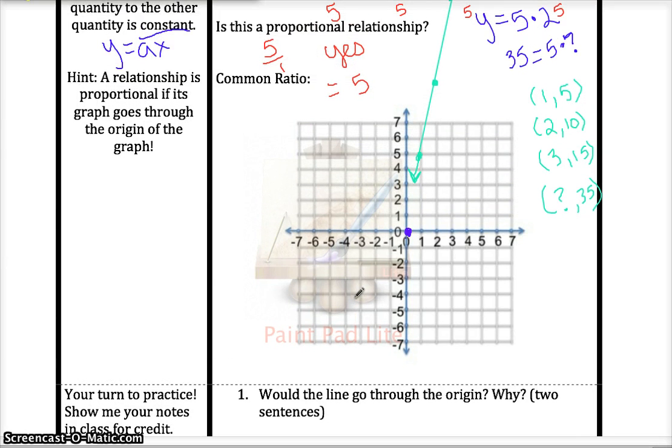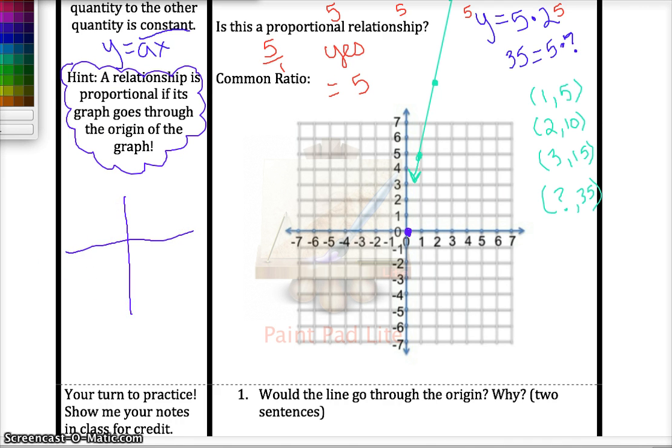My hint to you is on this column right here. A relationship is proportional if it goes through the origin of a graph. So if we're looking at just any origin or any graph right here, that's a sloppy graph, but if we're looking at it, can you tell me instantly if this line is proportional?